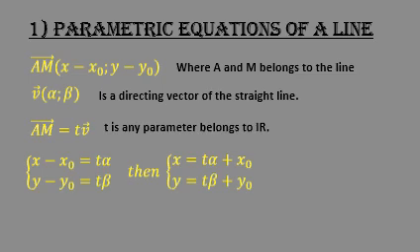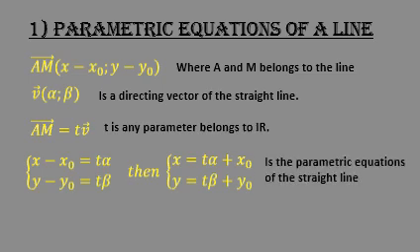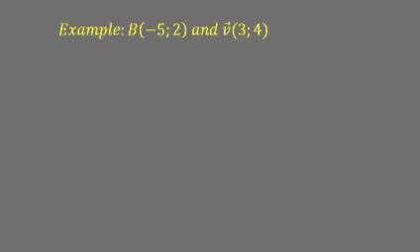Let us take a quick example. Suppose you have the point B, which is (-5, 2), and the vector v, (3, 4). So v is the directing vector and B is a point that belongs to the straight line.